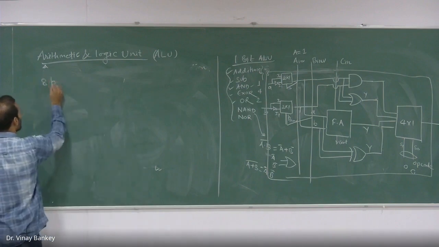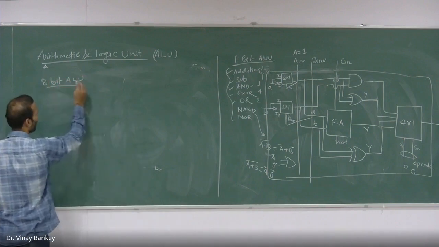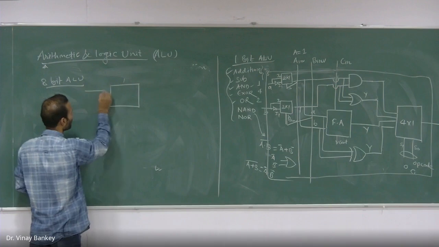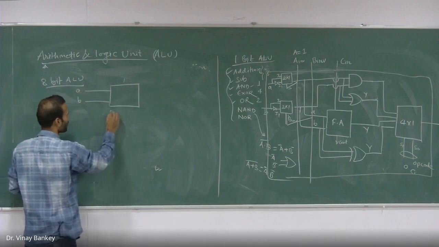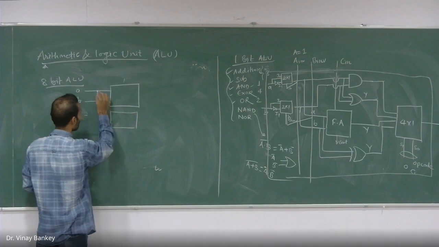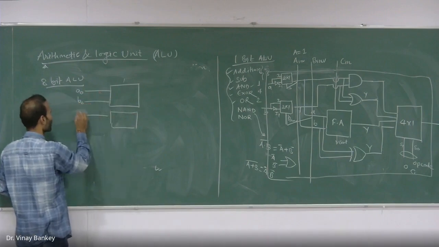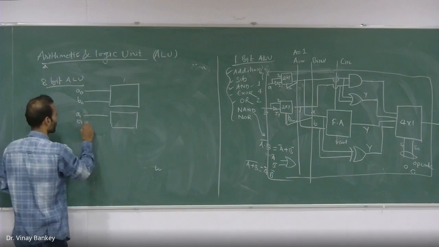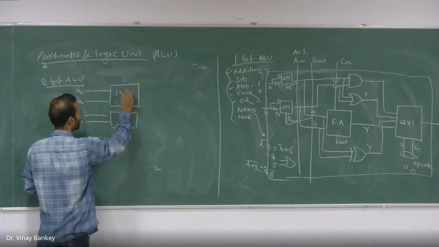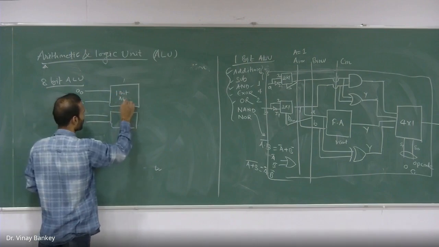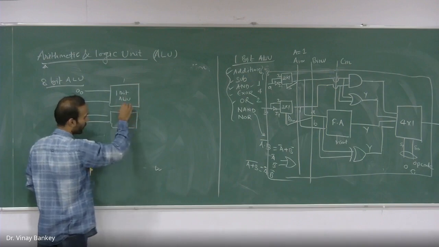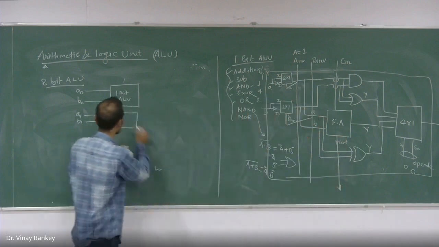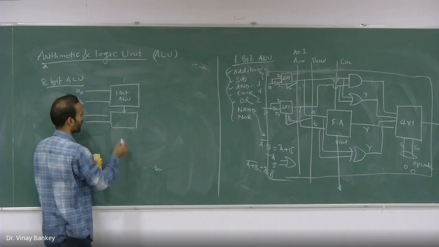For the 8-bit ALU, you have this 1-bit ALU with 2 inputs A and B. Similarly, the second one will have A0, B0, A1, B1. The carry out of this will be connected to the carry in of the next one.